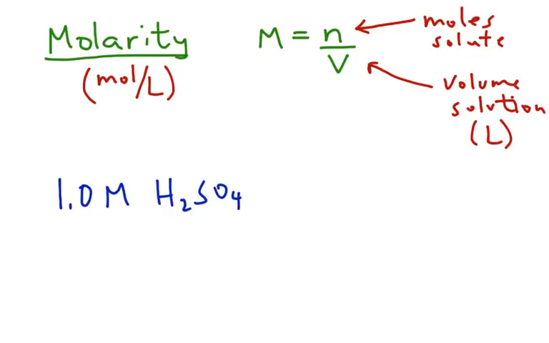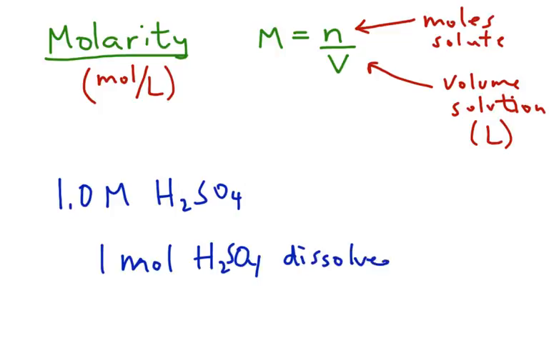And what that tells us is that there is 1 mole of H2SO4 dissolved in 1 liter of solution. Now, even if you don't have a whole liter, this concentration still remains the same because that's the ratio. The proportion is 1 mole of H2SO4 per 1 liter of solution.